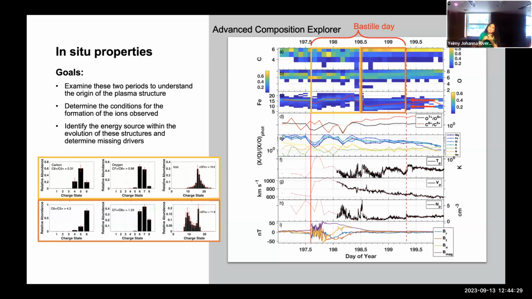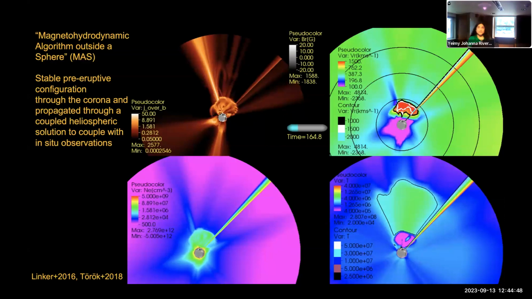We also want to determine the conditions that form these ions, try to identify the energy source within the evolution of these structures that reconstructs the observations, and potentially determine missing drivers for some of the profiles and highly ionized material that we see in the observations.